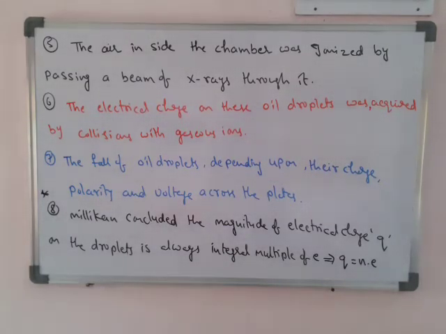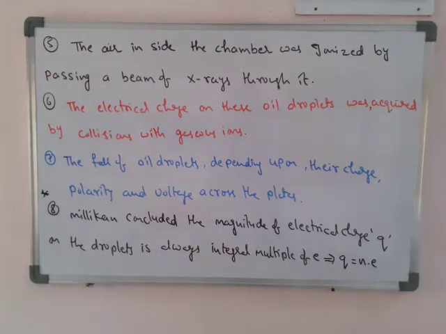The fall of the oil droplets also depends upon the charge, polarity, and voltage across the plates. After all these observations, Millikan concluded that the magnitude of electrical charge Q is always an integral multiple of e, that is Q equals n into e.